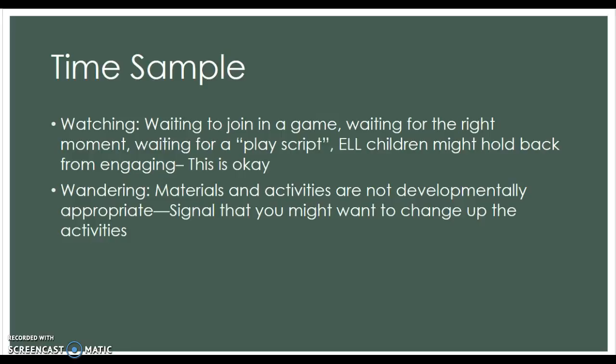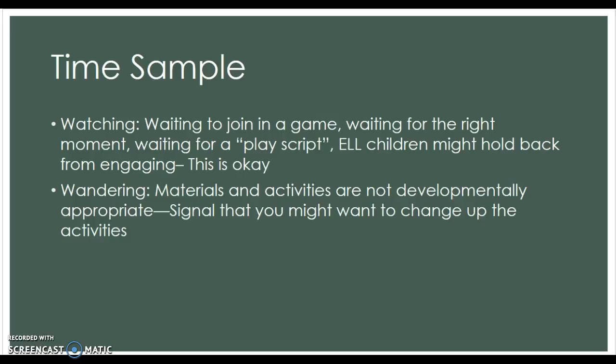So that can mean they're waiting to join into a game, they're just waiting for the right moment, they're waiting for a play script to see if that's something they want to jump in on. English language learning children, so children whose second language is English, might hold back from engaging, and that's completely normal for a child who is ELL.